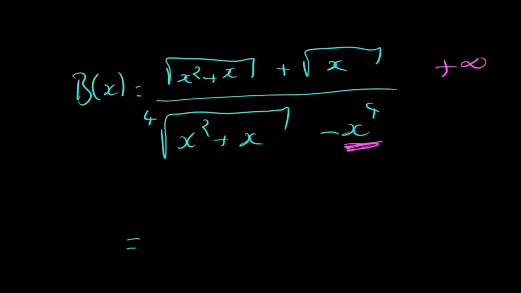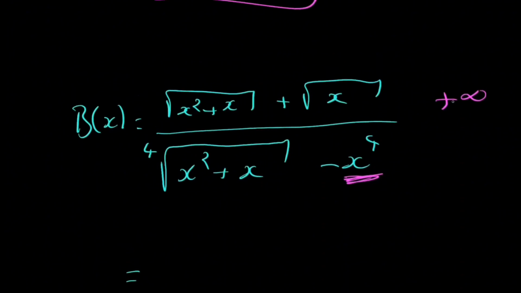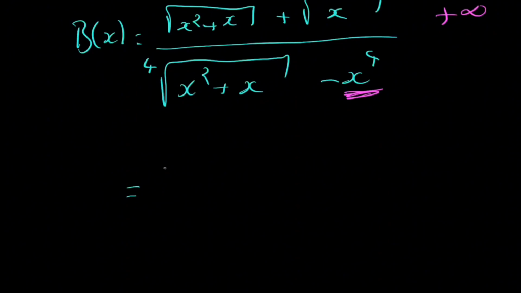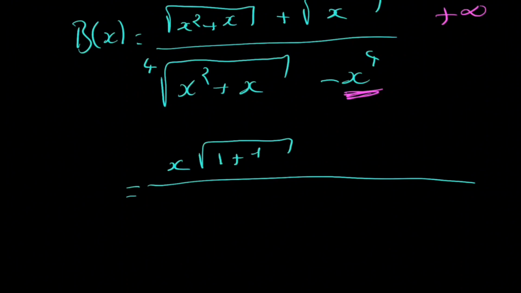Because we are going to plus infinity, we are in positive x, so x greater than 0, and square root of x squared will be equal to x. So we've got x, factor of square root of 1 plus 1 over x, plus square root of 1 over x.